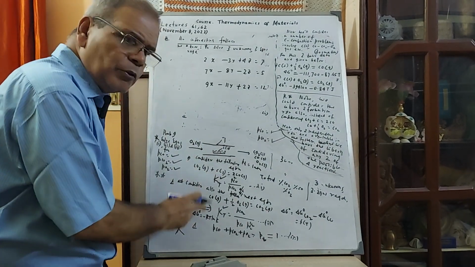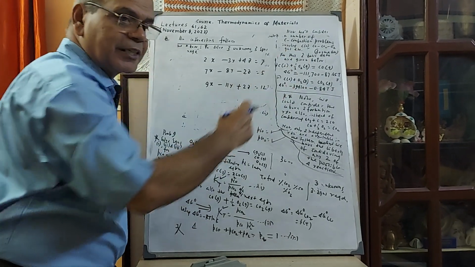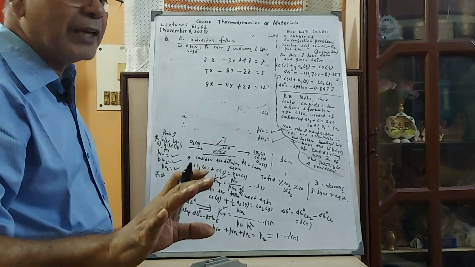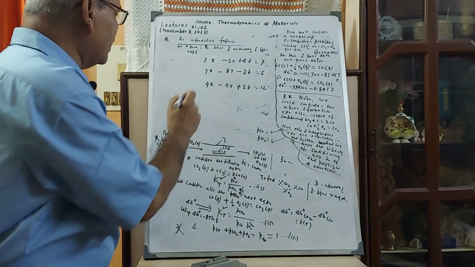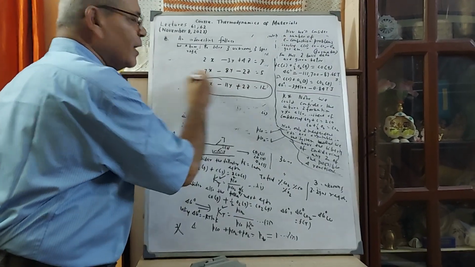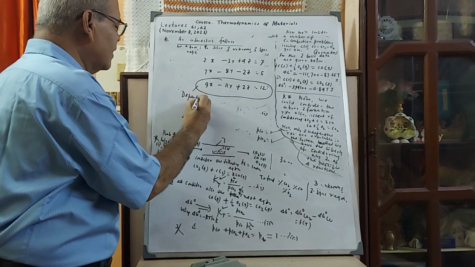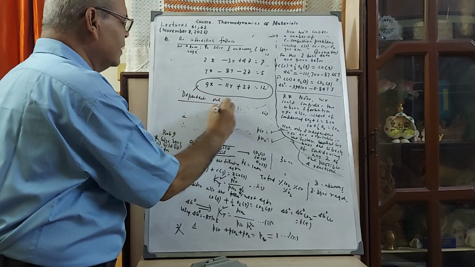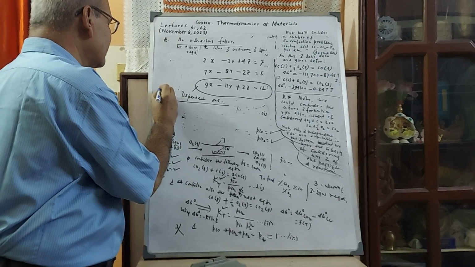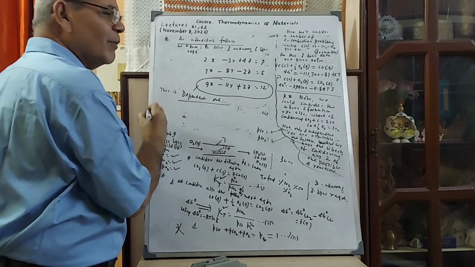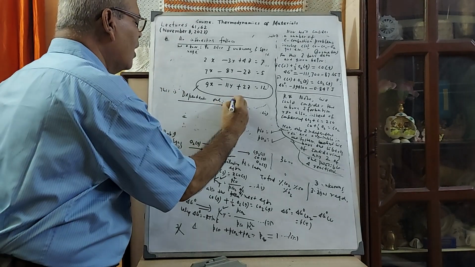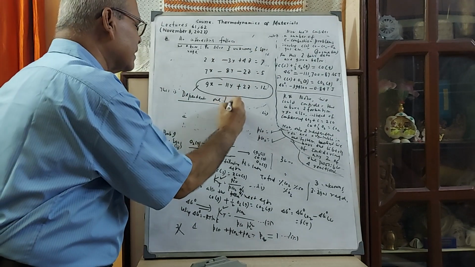If you consider these two independent, then this can be manufactured. This is a dependent one, obtained by addition.